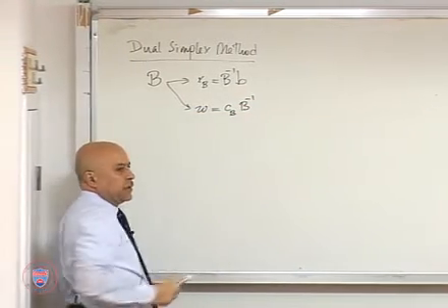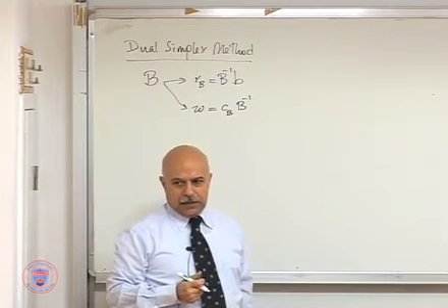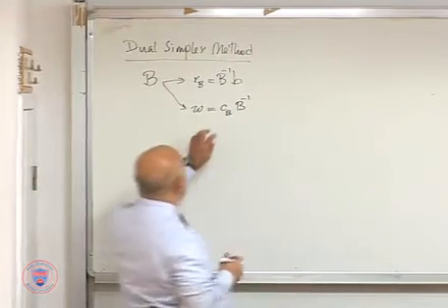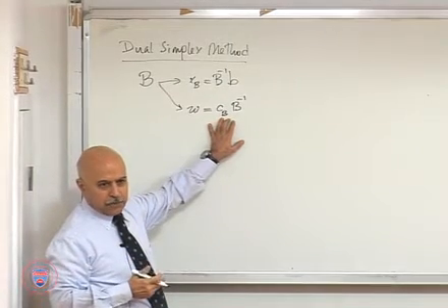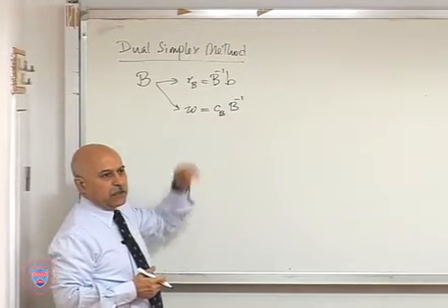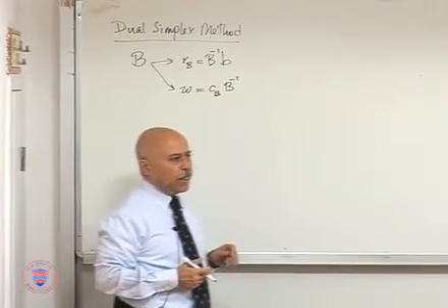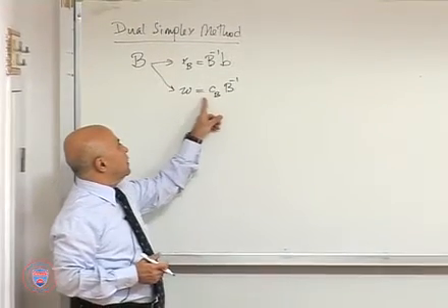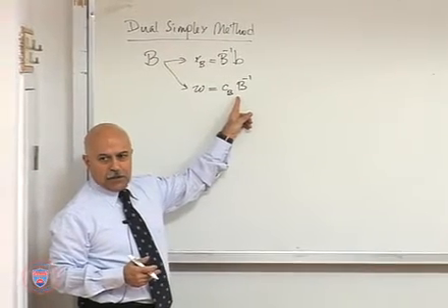Now, the CB B inverse, if the basis B is an optimal basis, this is going to be a feasible and optimal solution to the dual problem. However, if B is not an optimal basis yet, if it is suboptimal, in that case, W can still be defined in this way.